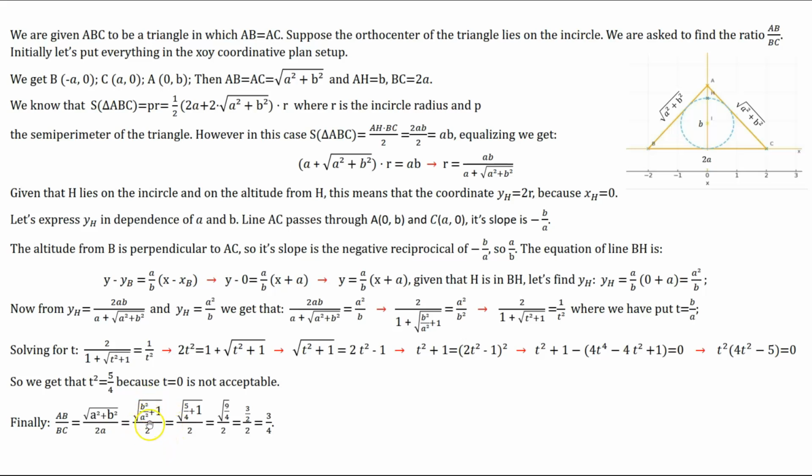We know b squared divided by a squared is equal to t squared, which is equal to 5 divided by 4, and by doing some simple calculations, we will reach the conclusion that at the end the ratio AB divided by BC is equal to 3 divided by 4.